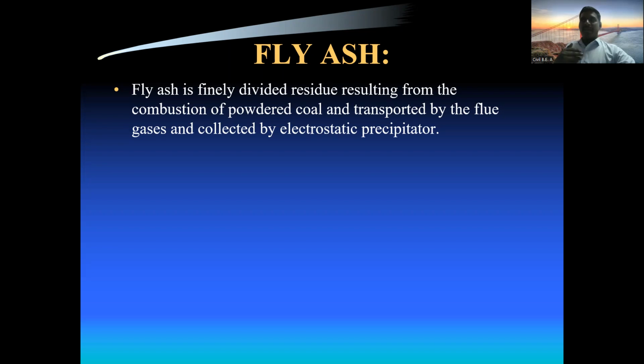That powder we can add into the concrete for what purpose? To minimize the cost of the cement, to increase the strength also, and to maintain the durability also. Fly ash is a waste material, so we can use it in the concrete. We can reduce the cost of construction by adding fly ash or replacing the cement in some percentage.